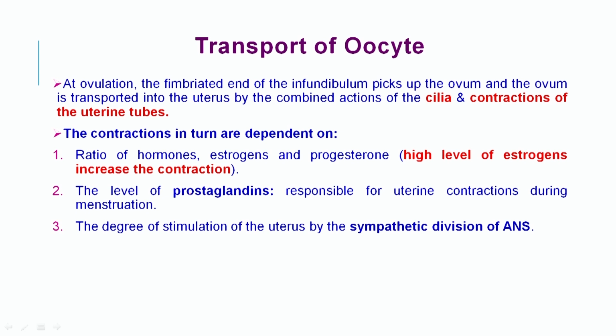The contraction in turn is dependent on the ratio of hormones, that is estrogen and progesterone, then the hormone prostaglandin, and then signals from the autonomic nervous system. So, these three factors are involved in the transportation of the ova from the site of ovulation to the uterus.